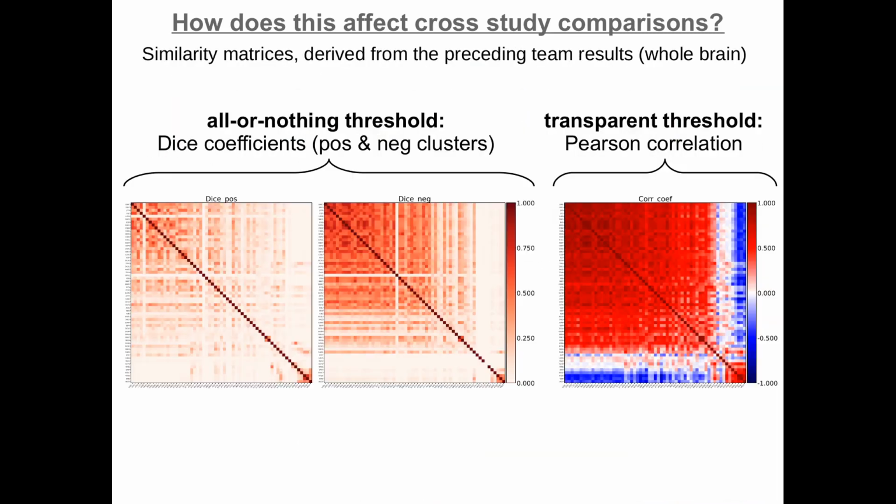We can quantify this in a different way using similarity matrices. So this is if you use dice coefficients of overlap of either your positive or negative clusters, you do see that there's some overlap of positive clusters or certainly of the negative clusters, but it's of a relatively small fraction of the group, certainly for positive clusters, and maybe not the highest values.